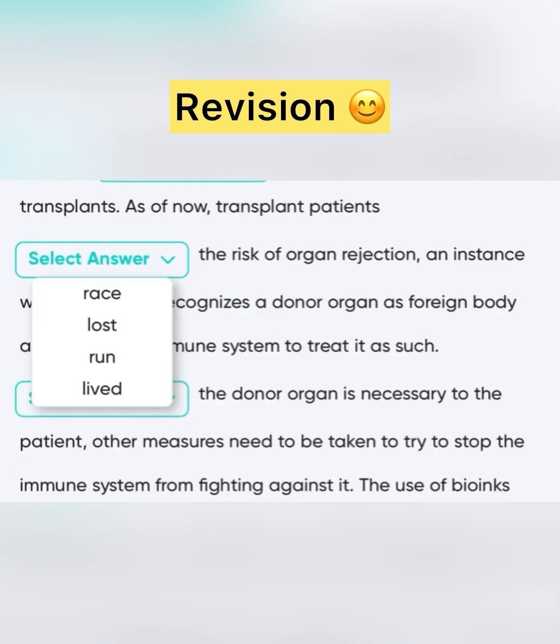In the next fill-up, we looked at the tense of the sentence. So from the word now, we come to know that it's the present tense, and in present tense we use first form of verb. So we rejected second form of verbs. Those were lost and lived.